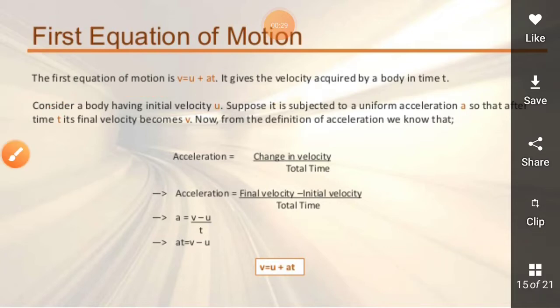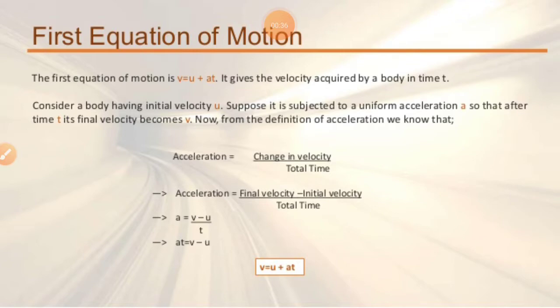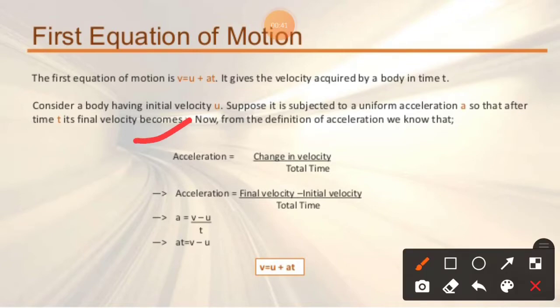Consider a body having initial velocity u. Suppose it is subjected to uniform acceleration a, so that after time t its final velocity becomes v. From the definition of acceleration, we know that acceleration is equal to change in velocity upon total time. What is the change in velocity? Final velocity minus initial velocity.